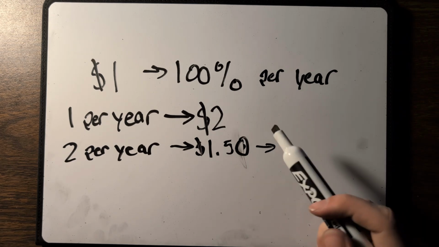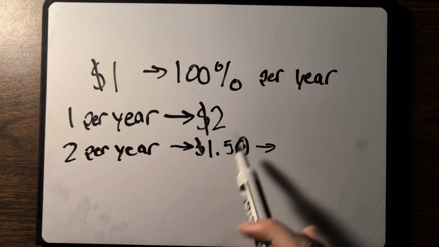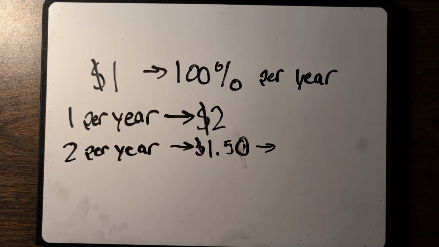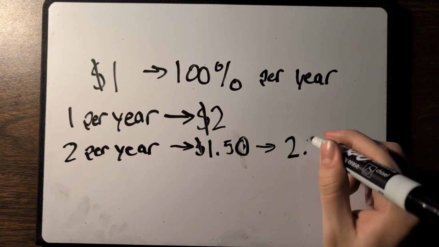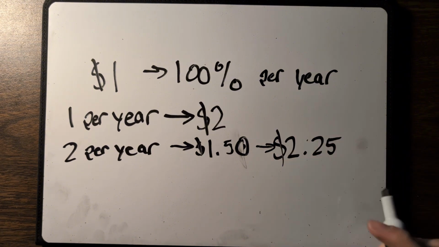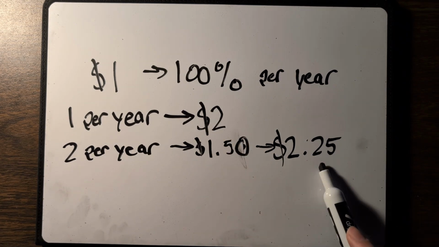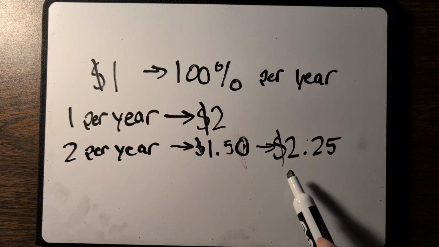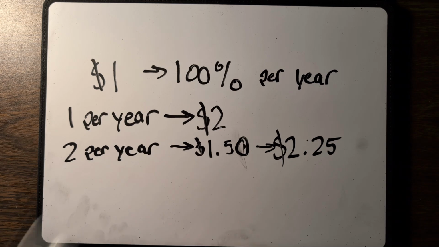Then our interest will be taken another 50% from this $1.50. Therefore, we will actually yield more money, equivalent to $2.25. So look, that's 12% more than if we just calculated it one time per year.